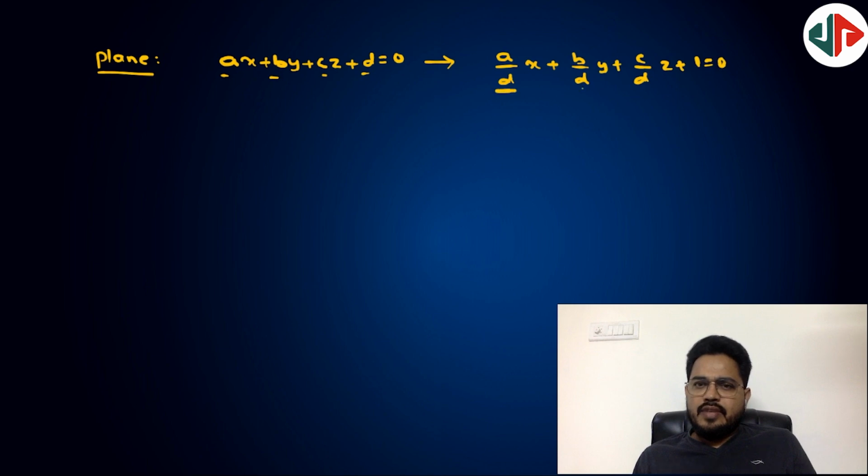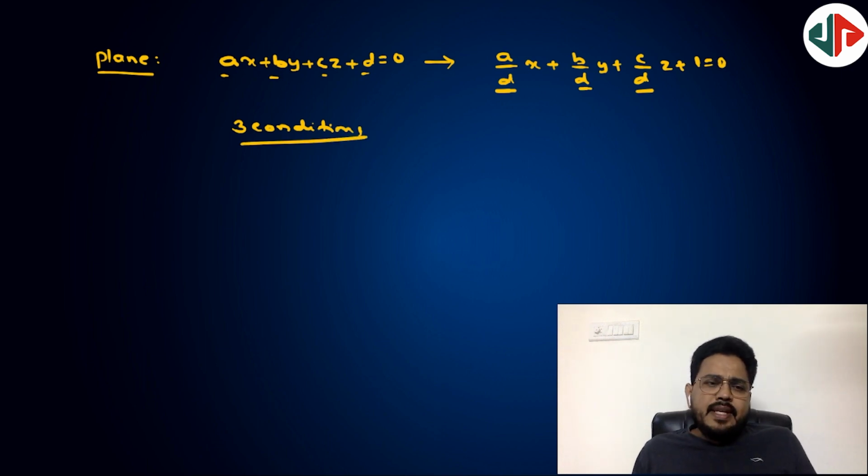So effectively three unknowns are there, so we require three conditions to find the plane equation.